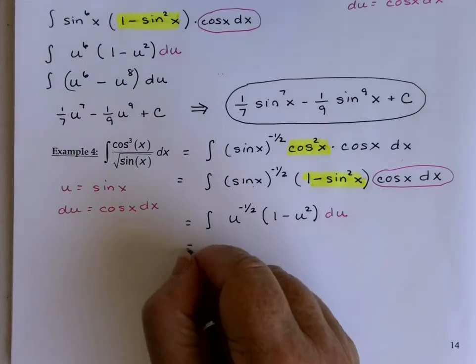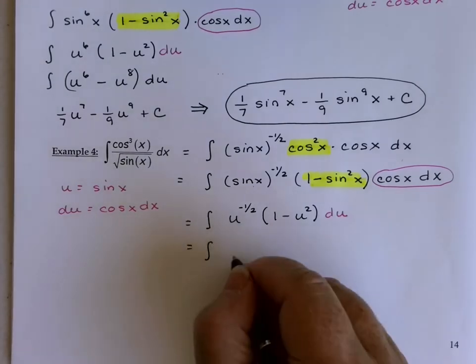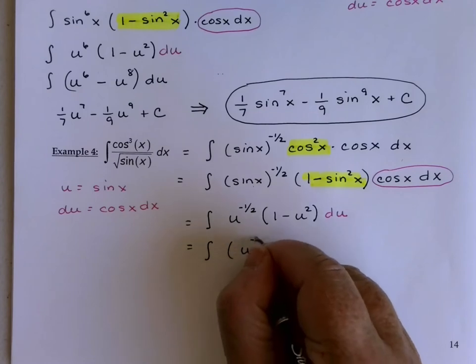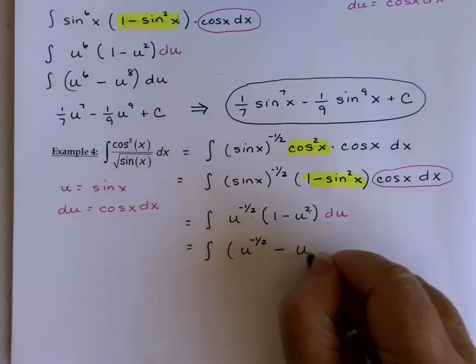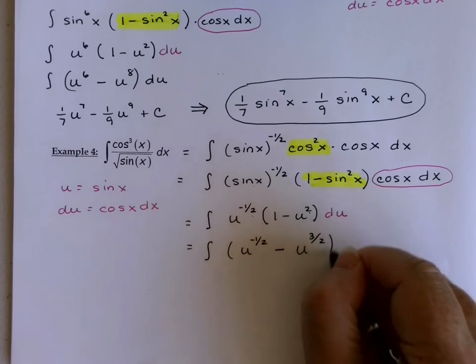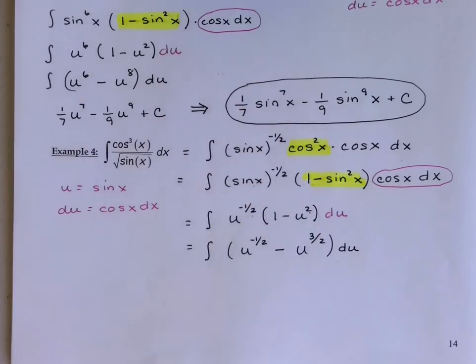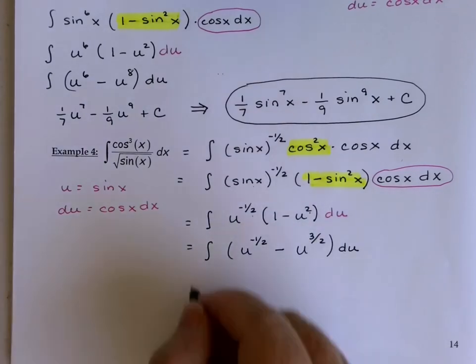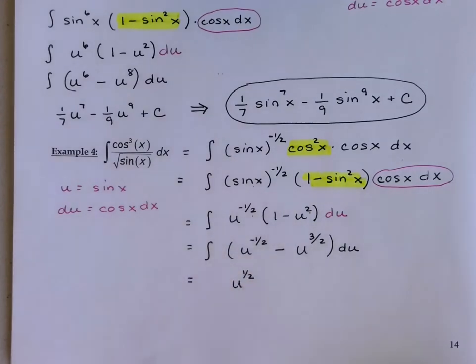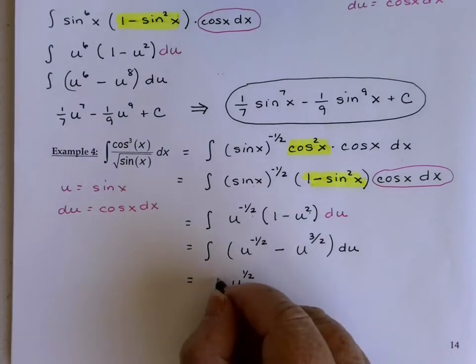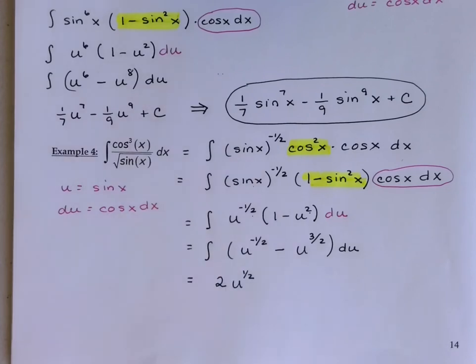I can now distribute just like in the last couple of problems. So I'd have u to the -1/2 minus, when I add those exponents, u to the 3/2. And we use our standard power rule again. That becomes u to the +1/2. Dividing by a half is the same as multiplying by 2/1, or just 2.